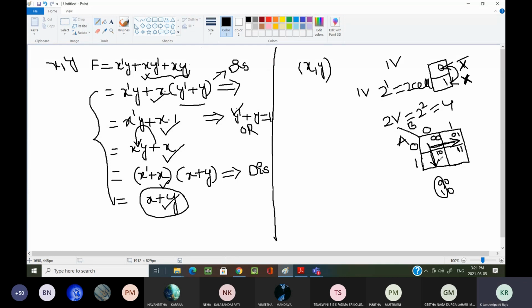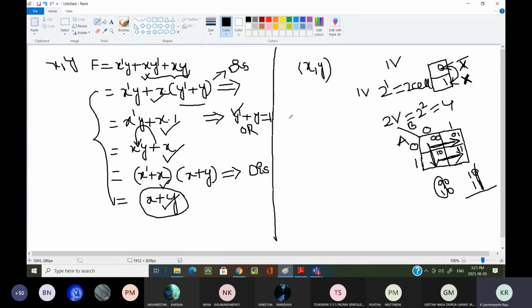In the same way, if you take row wise, horizontally, I am taking these two cell values, 1, 0 and 1, 1. How many variables differ here? One. This is a two variable map.